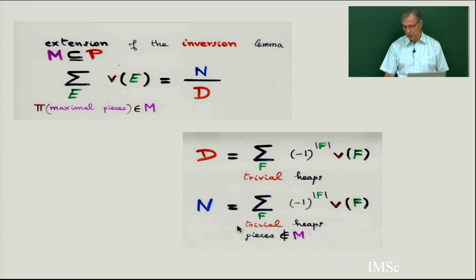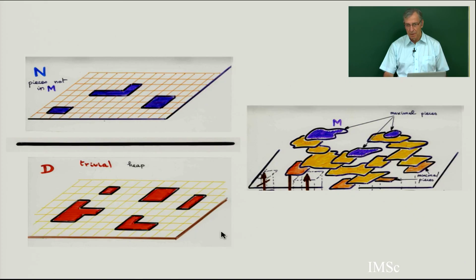So if you want to have a picture in your mind to remember this theorem, here is a picture. Here I have a heap of pieces, and in blue, you see I have 3 maximal pieces, such that the projection, when you forget the level, you go to the basic piece on the floor, then the projection must be an element of M. Some element of M. I don't claim that you need to have all possible elements of M. Also, some elements of M can be in concurrency, can be independent.